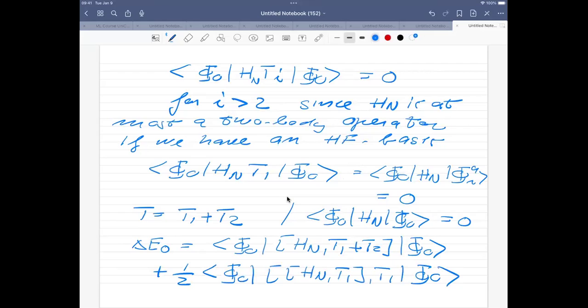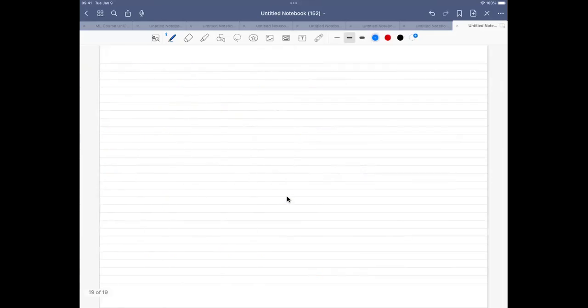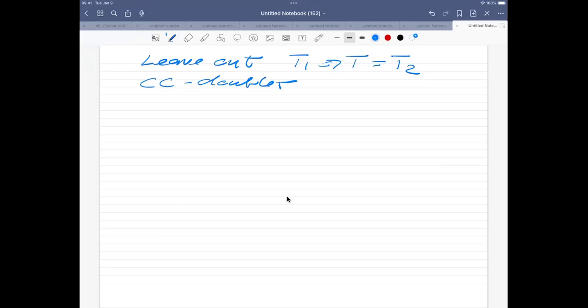If we leave out T1, which is what we are going to specialize to now, then our approximation for T is given by T2 only. This is normally called coupled cluster at the doubles level, so we have only two-particle, two-hole excitations, normally shortened to CCD. And that's the approximation which we are going to look at now.